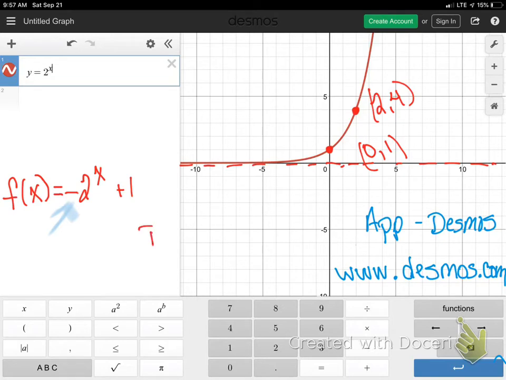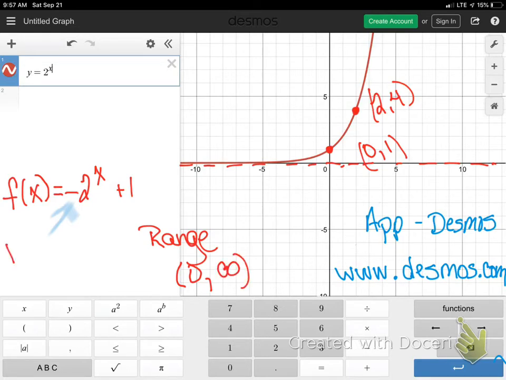Because of that horizontal asymptote of y equals 0, my y values don't start until 0. And 0 is not included, so that's why I have a parenthesis there. But then I have all my y values, and they go all the way up to infinity. So I have 0 to infinity for this parent function.